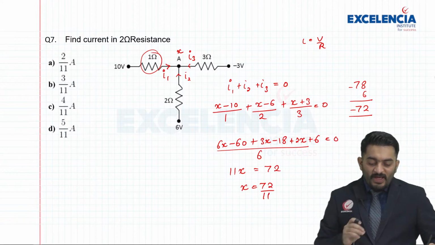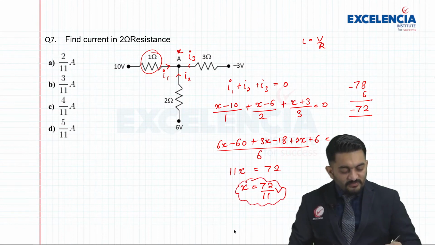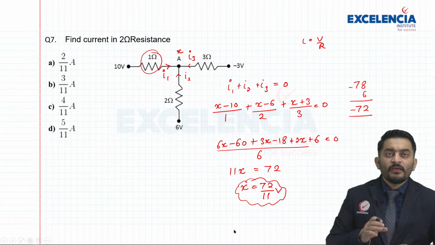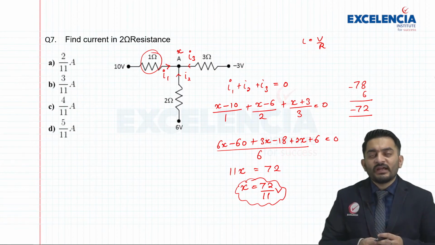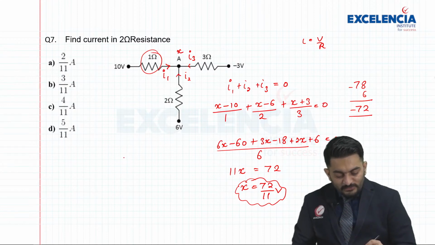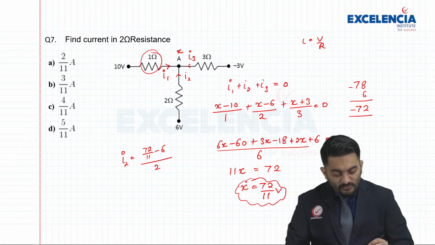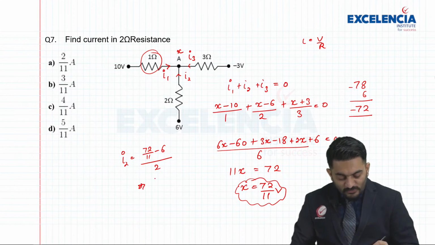When we get X as 72 by 11, what is this? This is a potential difference, because that is what we have considered. The potential at point A is X. Now when you see the I2 value, I2 can be calculated because that is the only value in which we are interested. It is 72 by 11 minus 6, and the resistance is given as 2 ohm. Now you can actually solve this.